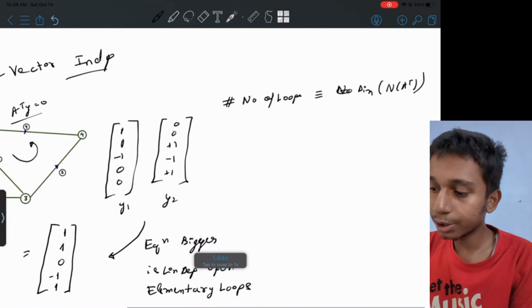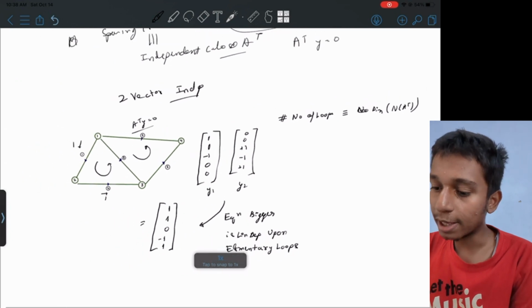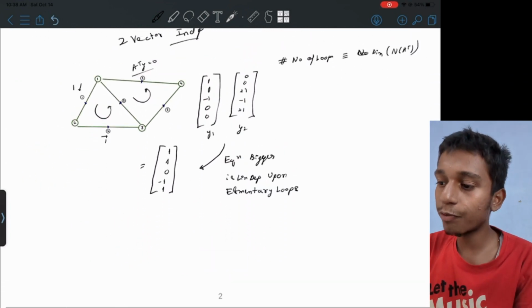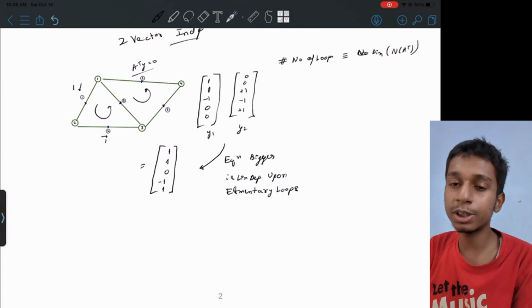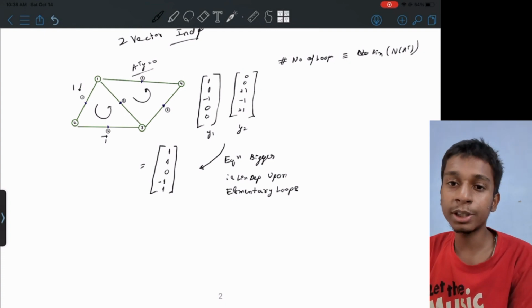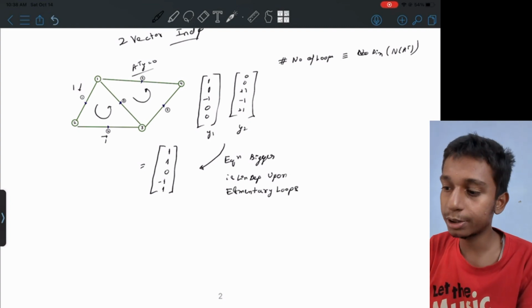So using this knowledge, the total number of extra loops would be contributed by those edges that are not necessary for the tree that I have showed earlier.